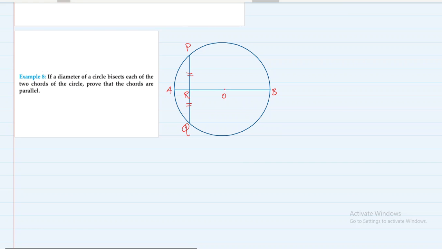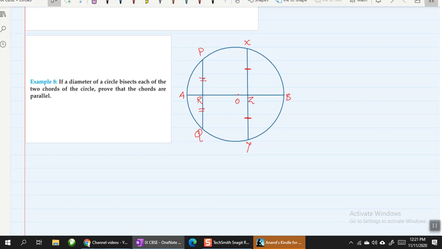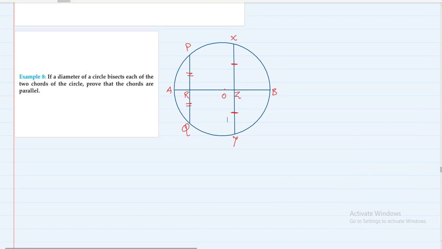Let me draw one more chord. This is XY and this is Z. So here we can say that XZ is equal to ZY. Okay, let me write given.